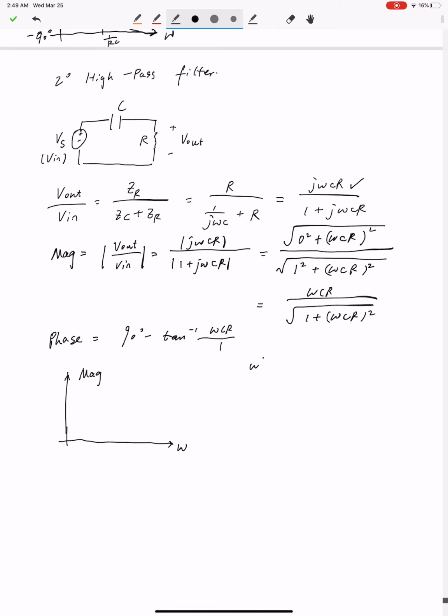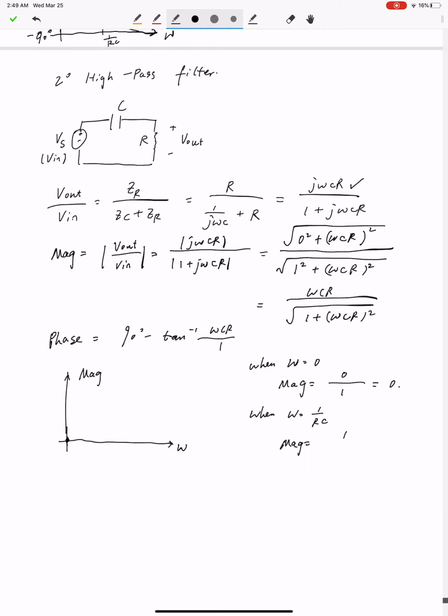The first point is when omega equals 0, right? The initial point. When omega equals 0, the magnitude equals 0 divided by 1, and that is still 0. Which means this time the plot starts at 0. Okay. And when omega equals 1 over RC, we can plug in this value.